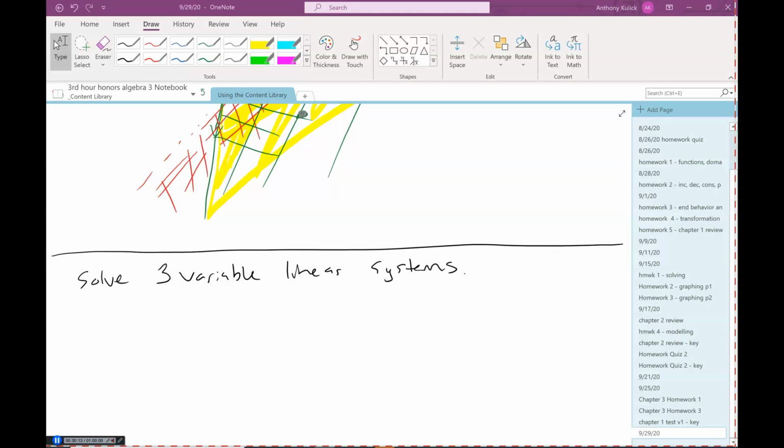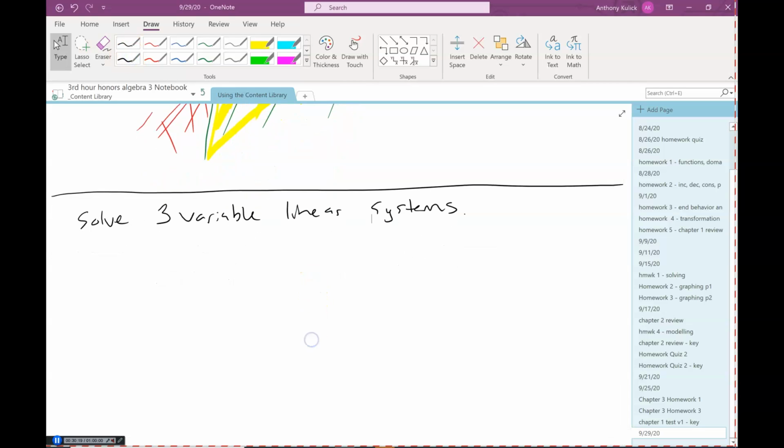So let's just walk through, and we'll talk a little bit about the process and what the goal is as we do the example. Since we already know how to do elimination and substitution, we're just generalizing it to a broader context.